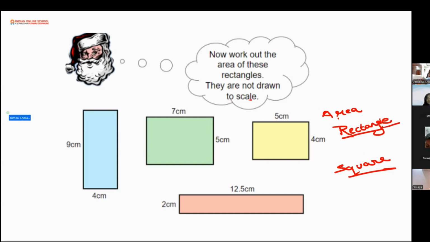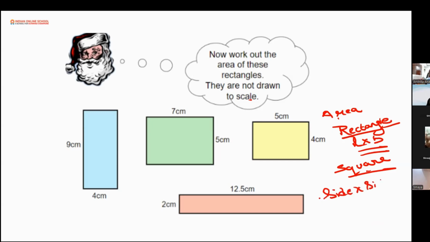Talking of area, the rectangle's formula is length multiplied by breadth, L into B. Or in simple terms, we can say sides are multiplied, because that's common between both the area of a rectangle and of a square.